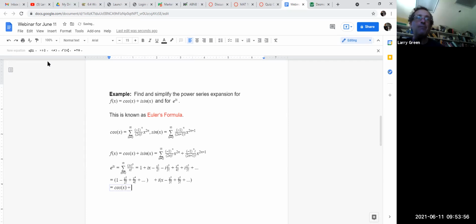And similarly, plus, how about this piece? What's this equal to? Yeah, that's a sine of x. So plus i sine of x.